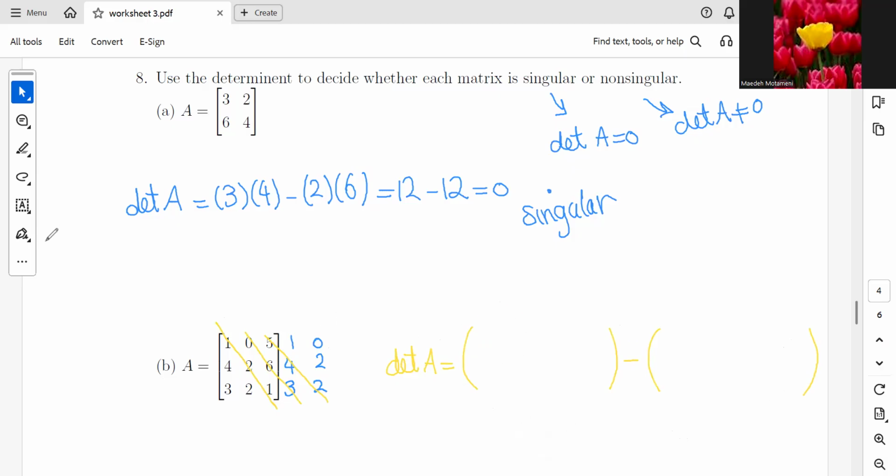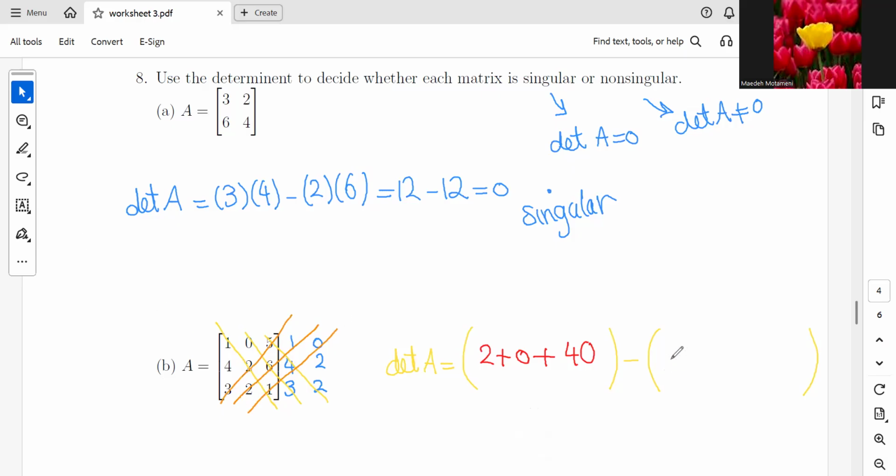For the first part, we're going to have 1 times 2 times 1, which is, oh sorry, which is 2, plus 0 times whatever it is, 0, and 4, 5, and 2, which makes 40. We will subtract another ones, these, and these.